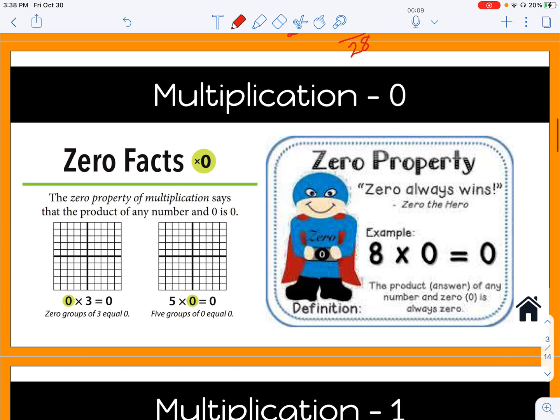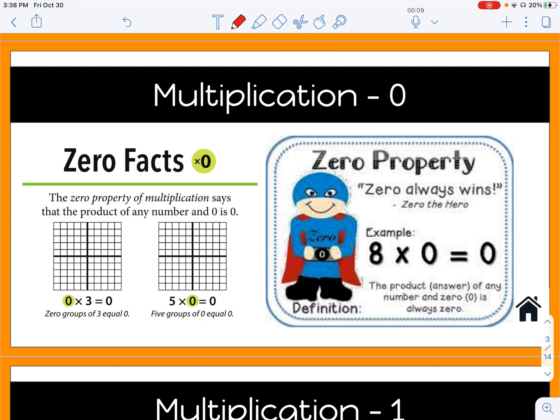Now, there are also some tricks and strategies to help you do your multiplication a little faster than drawing out a number line or making groups. When you think of some of these numbers, there are some little things you can remember. Our first one is going to be multiplying by 0.